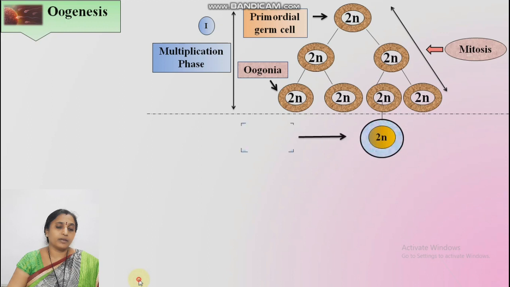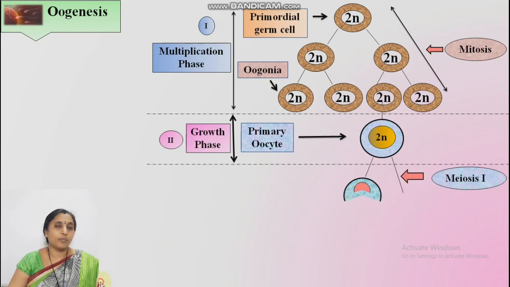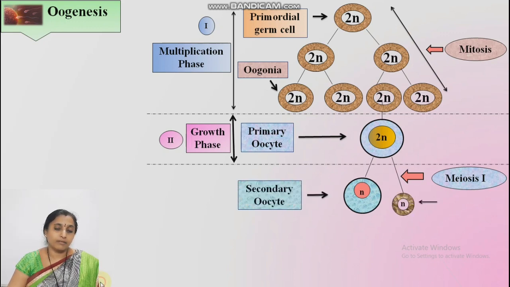Oogonia develop into primary oocyte and it accumulates food, that is the growth phase. Primary oocyte undergoes meiosis 1 and forms a haploid secondary oocyte and first polar body. There is an unequal division for the purpose of nutrition supply.